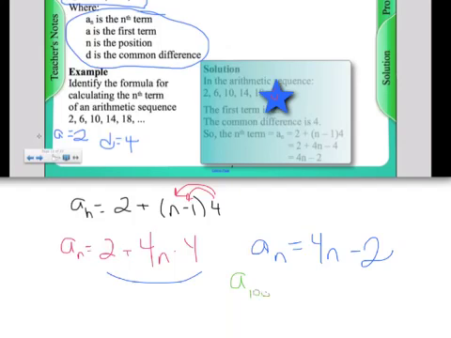So the 100th term, or a sub 100, is equal to 4 times 100, minus 2, which would be 400 minus 2, which is 398. So you see the advantage of having this formula, so we can solve for any term within the sequence.